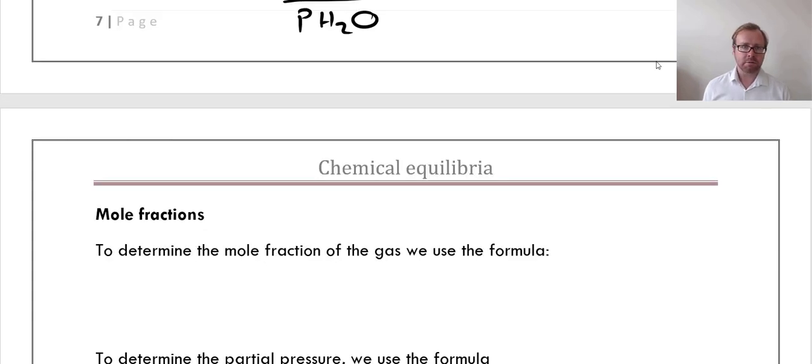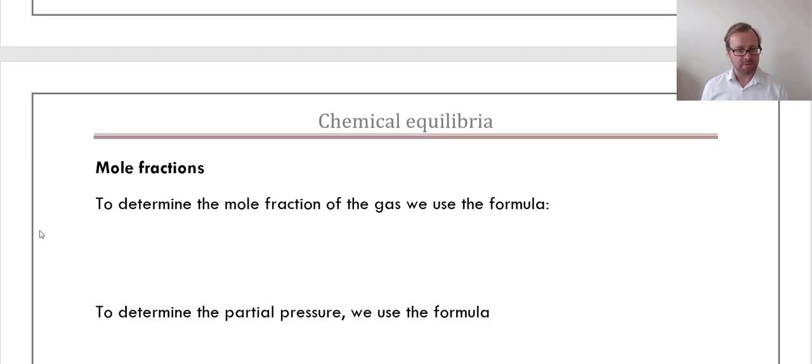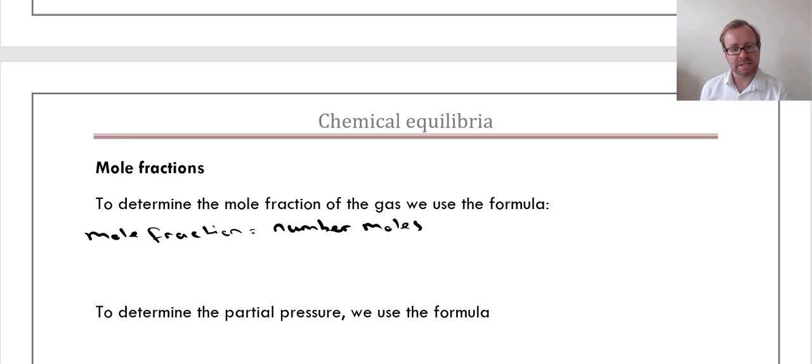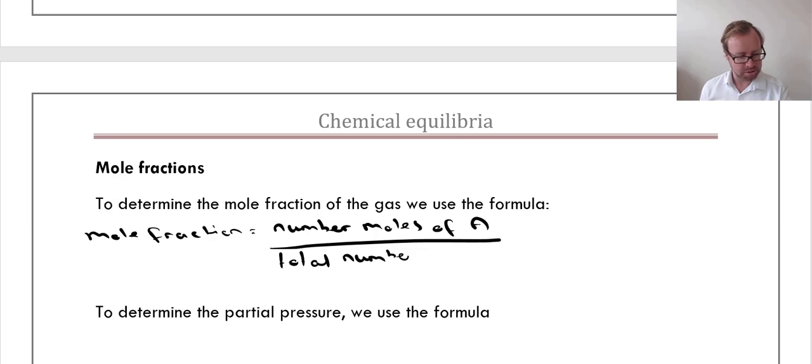Okay, so to be able to calculate these partial pressures, we need to understand another term, which is mole fraction. To determine the mole fraction of a gas, we use the following formula: mole fraction equals number of moles of A, which could be any reactant, over total number of moles of gas.